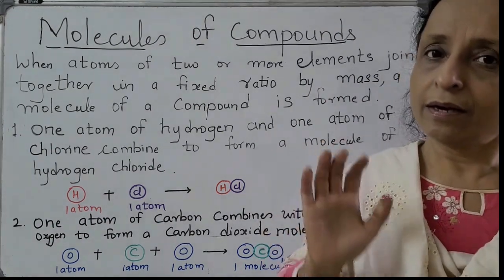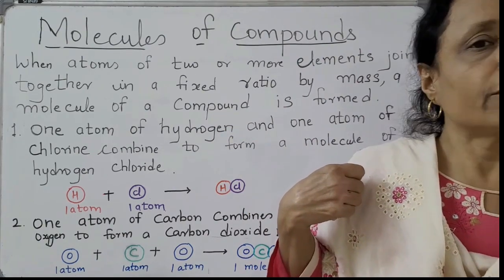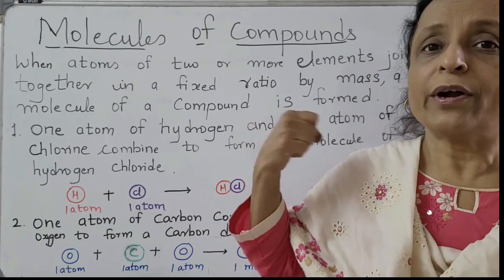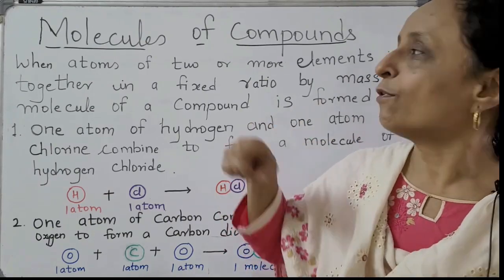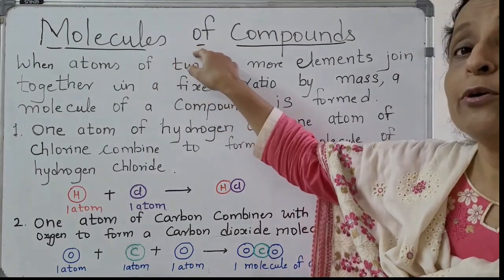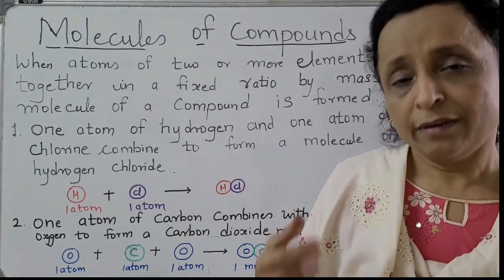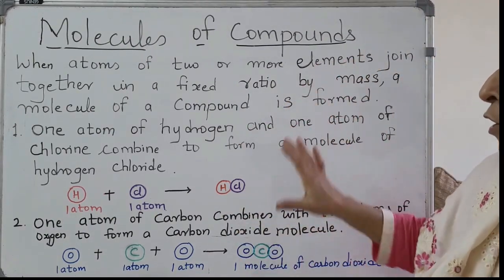From this side it will take oxygen, from this side also it will take oxygen. So now it has two oxygen, and forms CO2. So that is what it forms, a molecule of compound. What is the name of the compound? Carbon dioxide. So this is how it is formed.